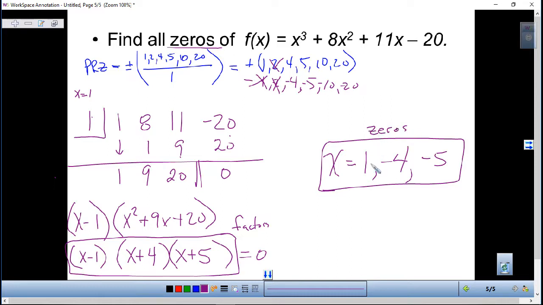So make sure you give it in the form that it's asked for. I will always, always, always, when I'm doing the work, find all the factors. Then if I have to take it to the zeros, it's real easy to do. Remember, you're just moving that to the other side and changing the sign. But I'm always going to factor it completely, because you're not always going to be looking for the zeros. So I just get in the habit of factoring it. Once I've got it factored, I know the zeros.